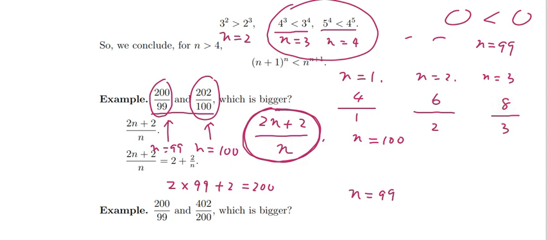So for these three numbers, we know this is larger than this. So when n is big, this number is smaller. So this is bigger than that.